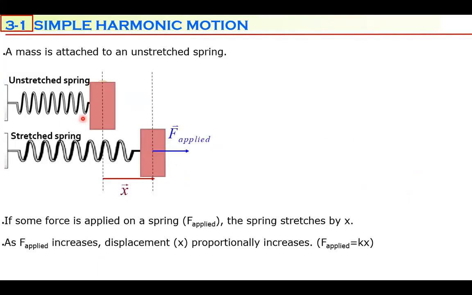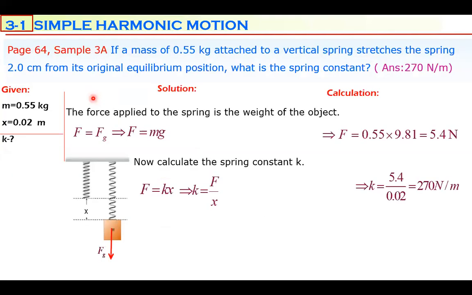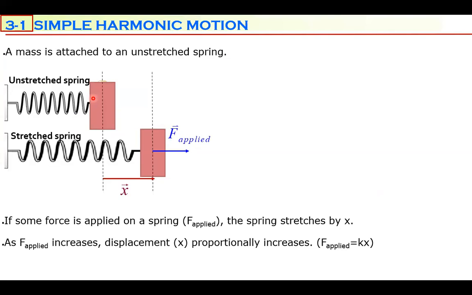And now we will define simple harmonic motion. This is how stretching or compression is related with the force. We got this, but now we will study the back and forth motion of a spring and objects attached to a spring. If a mass is attached to an unstretched spring, it is unstretched initially, so this is the mass.